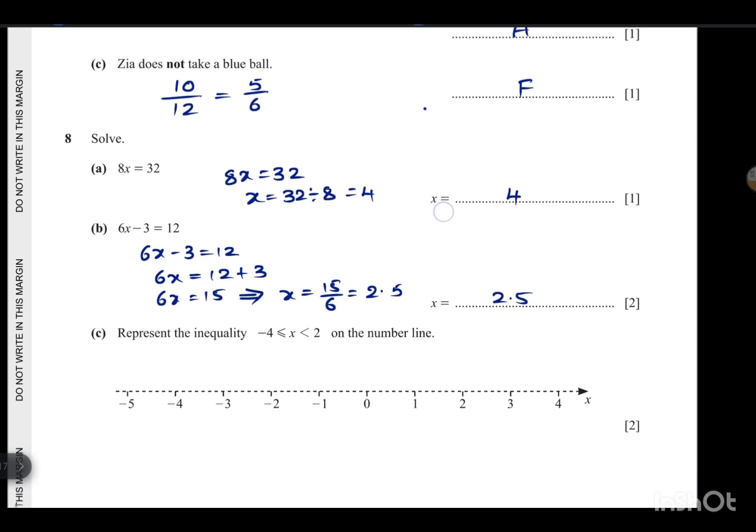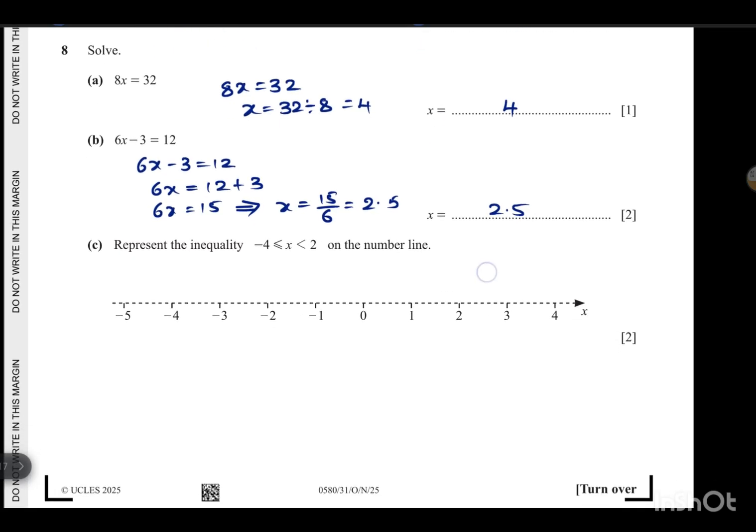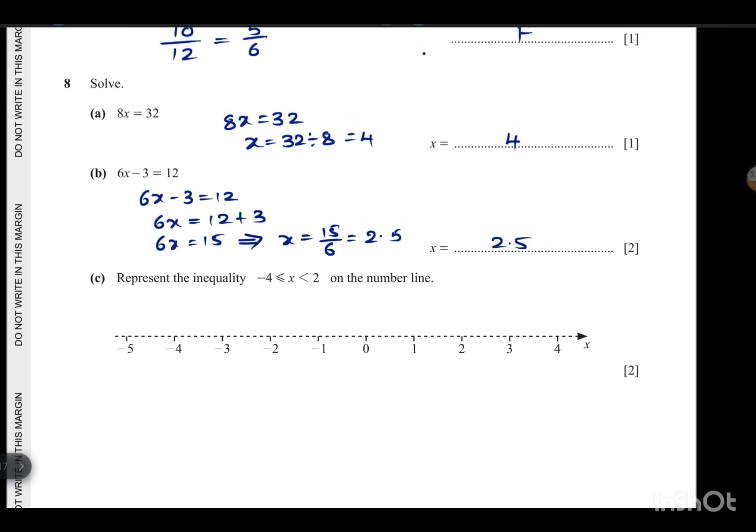Question C, there is a number line given. They are asking us to represent the inequality -4 less than or equal to x less than 2 on the number line.